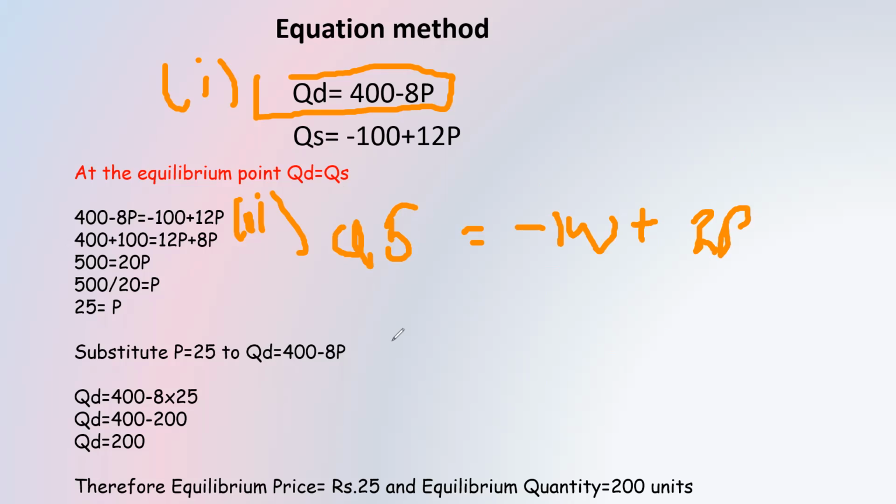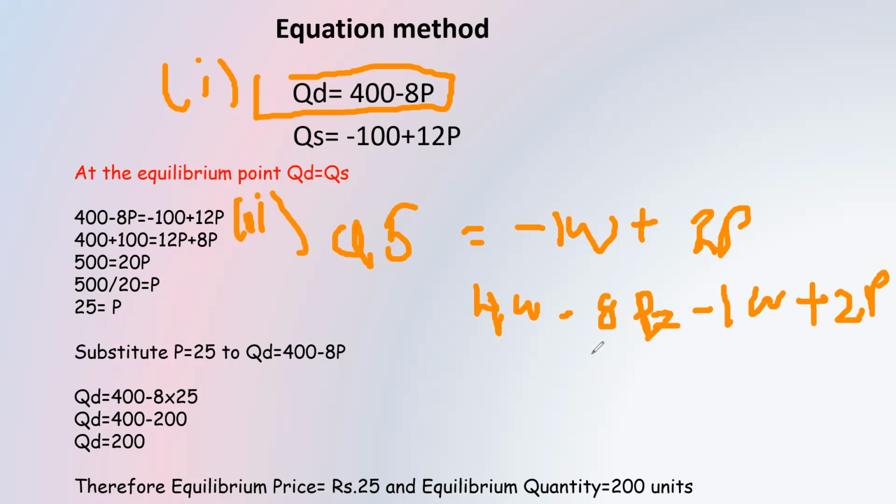Then what do we have to do? Again we consider QD is equal to 400 minus 8P. So what is the new supply curve? The new supply curve is minus 100 plus 2P.